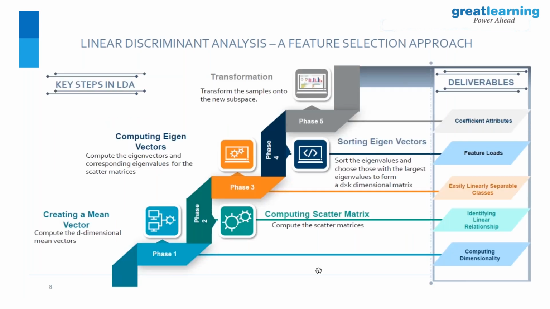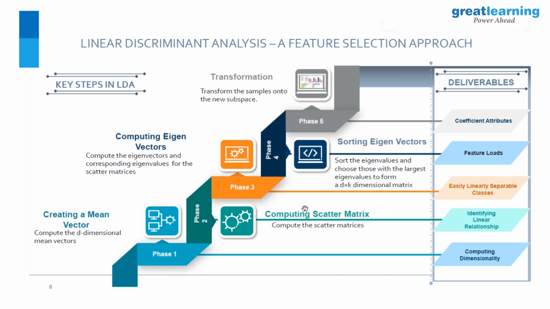As a process, in simple layman terms, what are we doing at the back end? We start with creating a d-dimensional mean vector, which in simple words means whichever variables we want to use, we create a matrix, and that matrix is used to denote a d-dimensional mean vector. Now, using that vector, we compute a scatter matrix, which is nothing but the correlation matrix between all the variables under consideration.